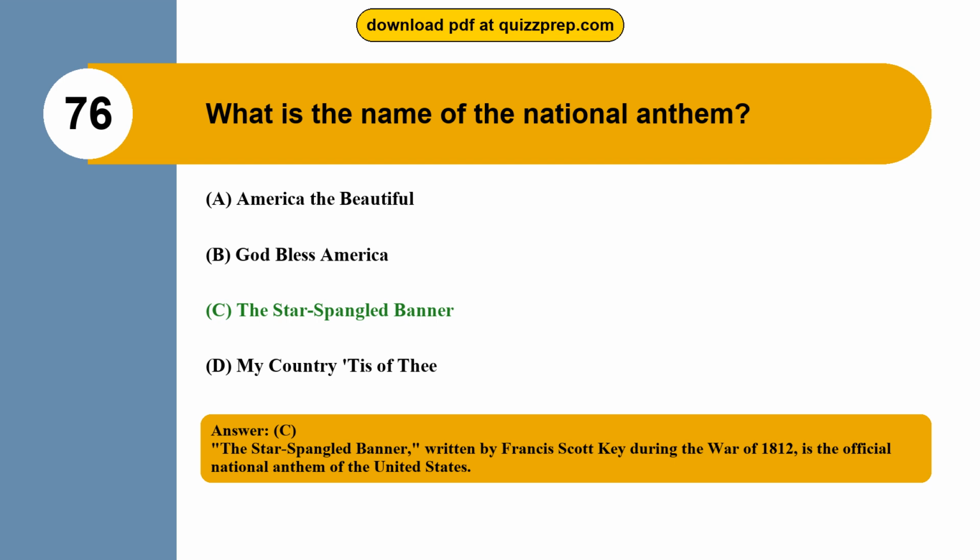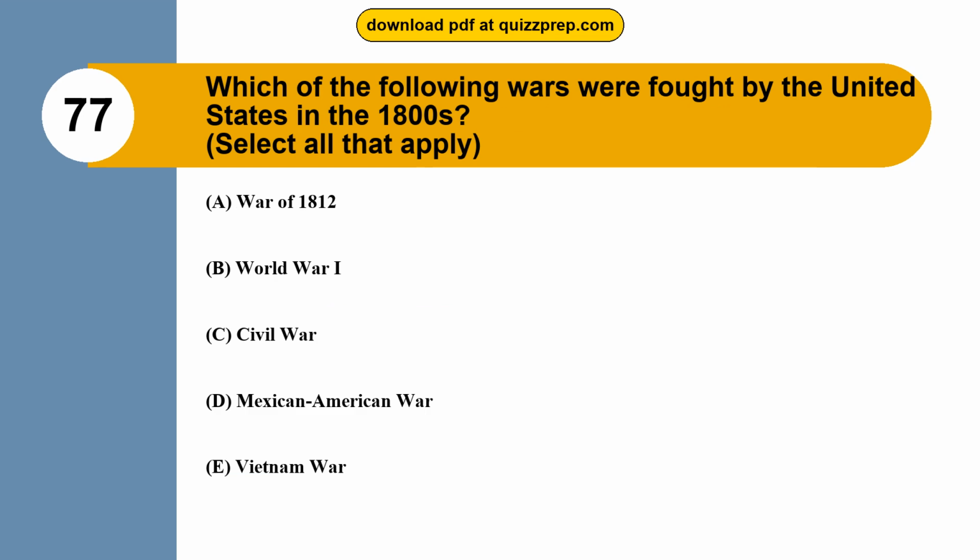United States. Question 77. Which of the following wars were fought by the United States in the 1800s? Option A, War of 1812. Option B, World War I. Option C, Civil War. Option D, Mexican-American War. Option E, Vietnam War.